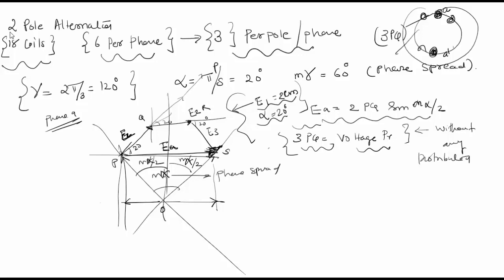If you want to validate this, you can say that if each of the voltages generated in each one of the coils is 2 centimeter, and you draw it in the graph taking 1 centimeter equal to 10 volts or 100 volts, then you can easily validate that.